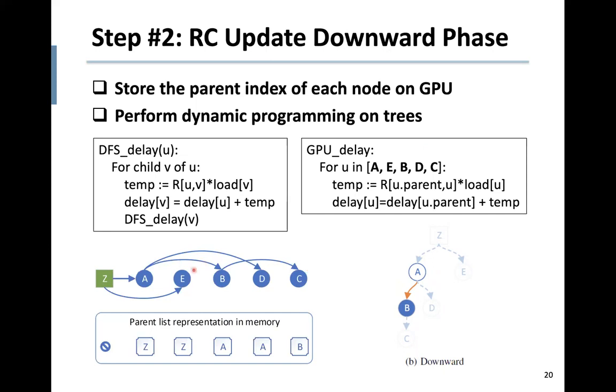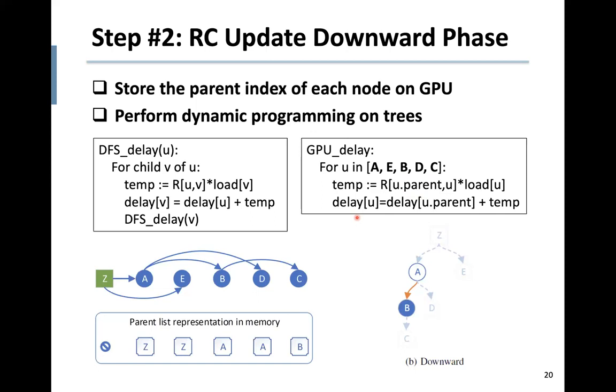For example, we traverse each node based on this order: A, E, B, D, C. And we can compute a delay based on its parent's cumulative load using the Elmore delay model. So the key idea is to break the depth-first search into a flattened data structure so we can run breadth-first-search-like computing, which is more GPU friendly, to compute the tree-based model.